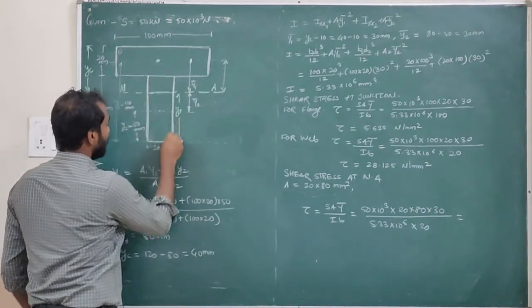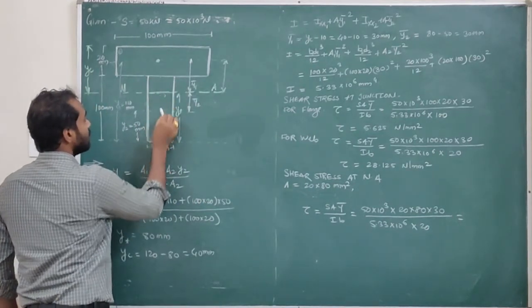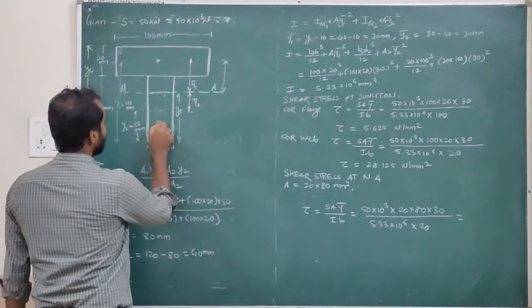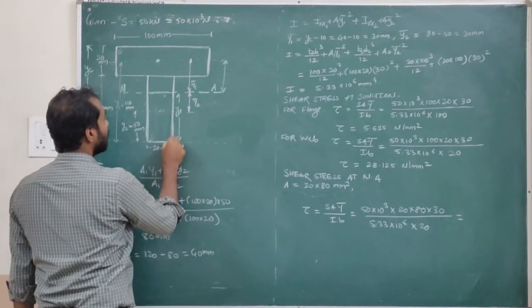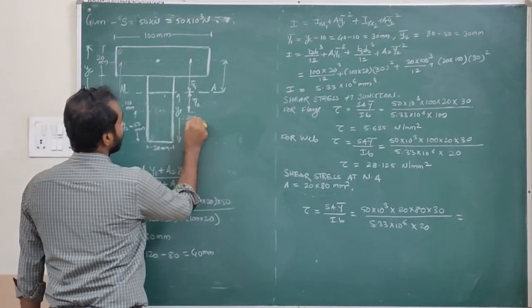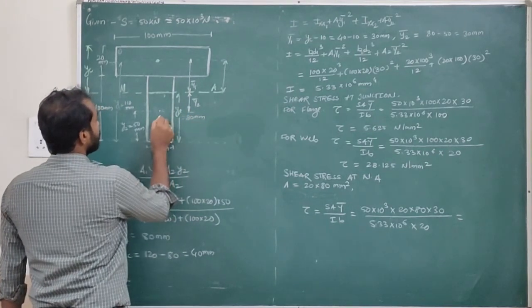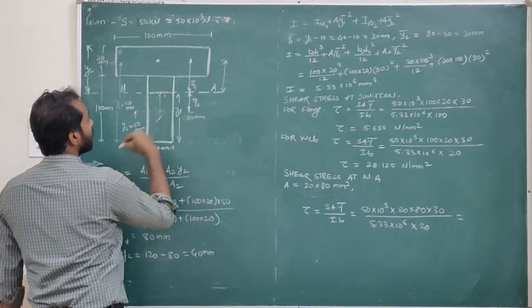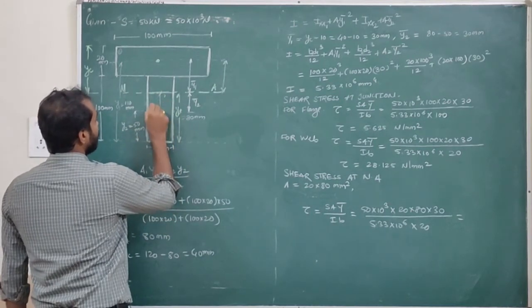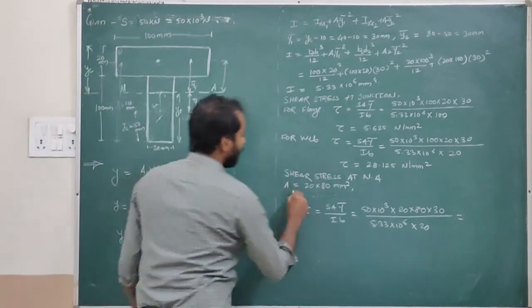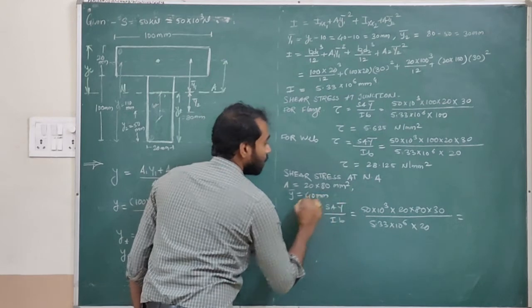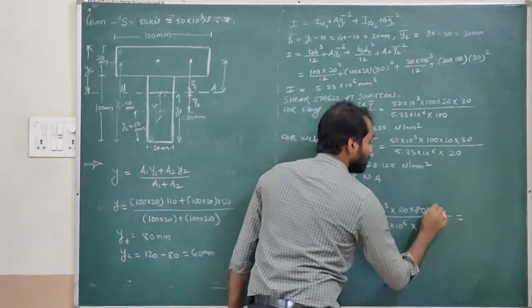Now this is our area, and for this case we require y bar. So y bar for this case, the complete distance is 80 mm. Okay, so the centroid will lie here, and this distance will be 80 by 2, which is 40 mm. So y bar in this case will be 40 mm. So this will be 40.